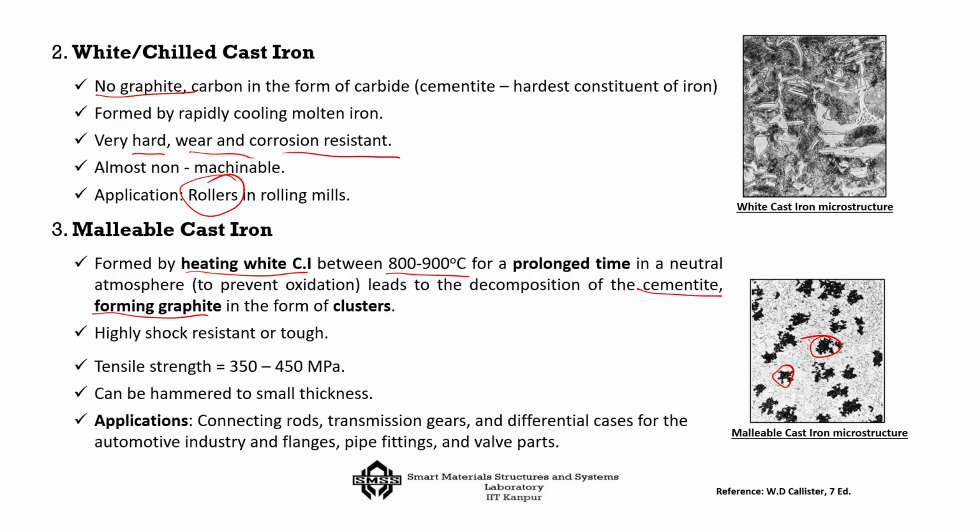As a result of these clusters, this is highly shock resistant and tough, and it has a tensile strength which is also quite good and can be hammered to small thicknesses. So, that is why this type of cast iron is used in connecting rods, transmission gears and differential for the automotive industry.